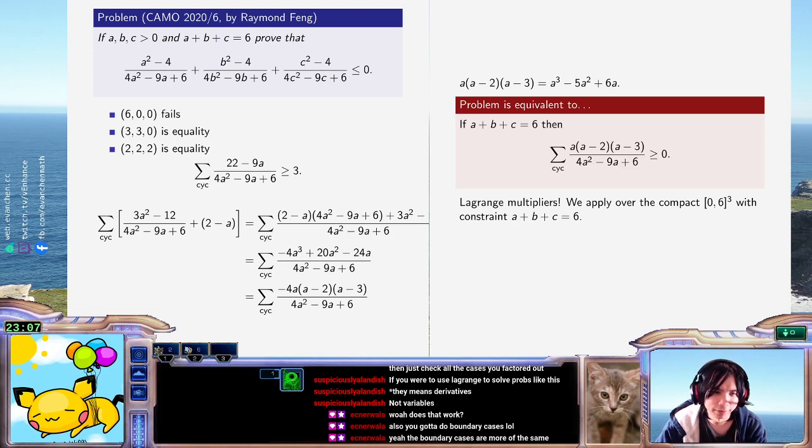Now that means I need to differentiate this function. Oh, Jesus Christ.